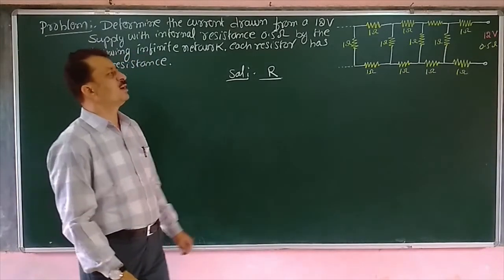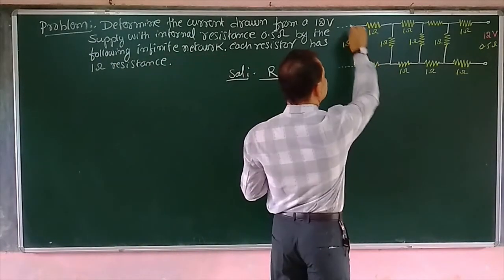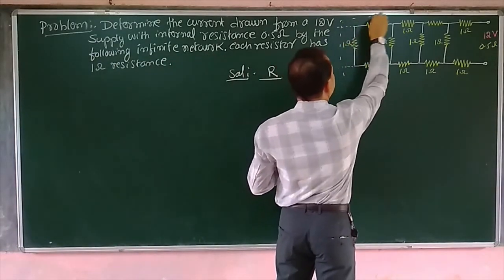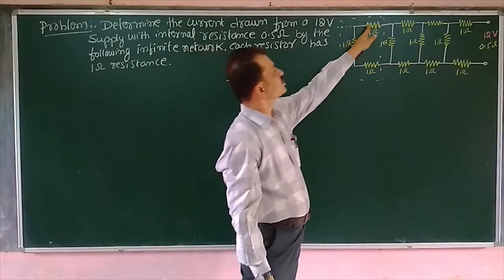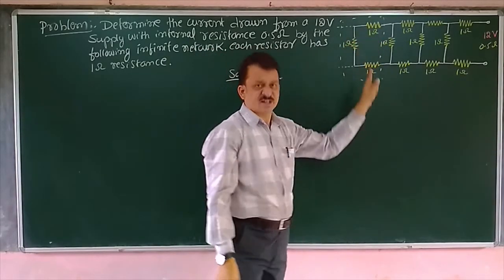In the same meaning, here 1 unit corresponds to a network of 3 resistors.